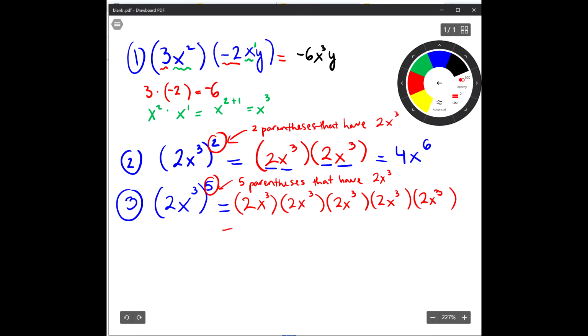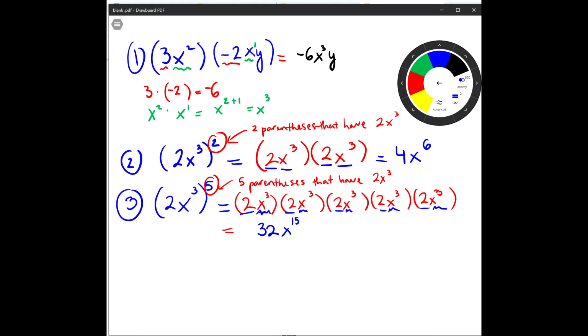Okay, we use the product rule now. We have 2 times 2 times 2 times 2 times 2. It gives us 32. x cubed times x cubed times x cubed times x cubed times x cubed gives us x to the 15. Alright, so hopefully you guys noticed something already.